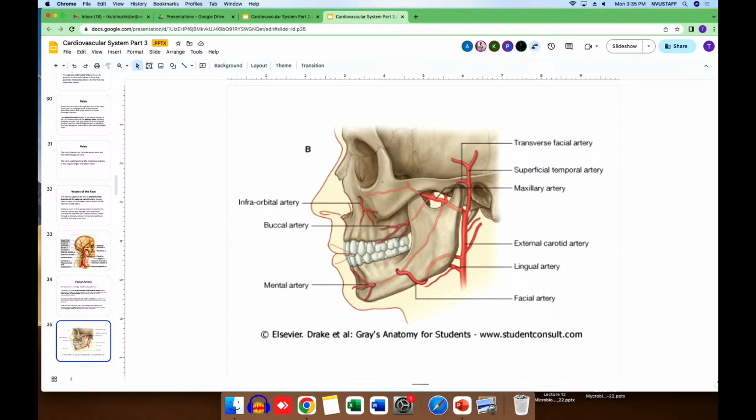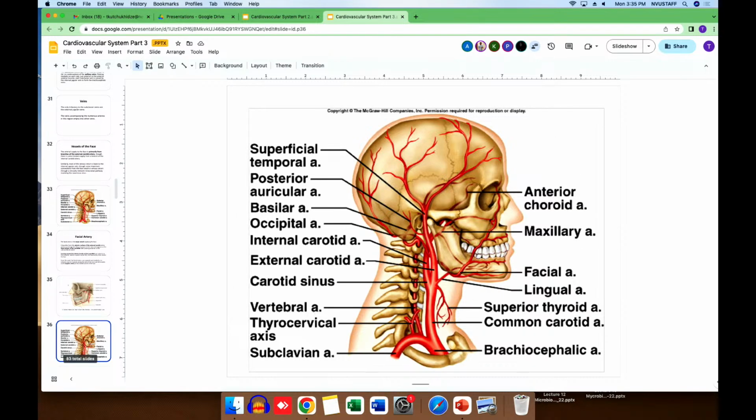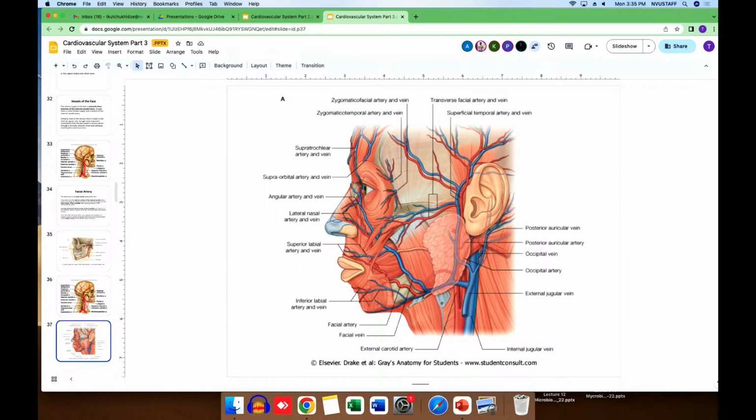It has several branches. Facial artery branches include the superior and inferior labial branches, and also lateral nasal branches. The labial branches arise at the corner of the mouth, and we're having the inferior labial and the superior labial branches. It is seen better in this photo. Inferior labial branches logically supply the lower lip, and superior labial branches supply the upper lip and also provide a branch for the nasal septum, right?